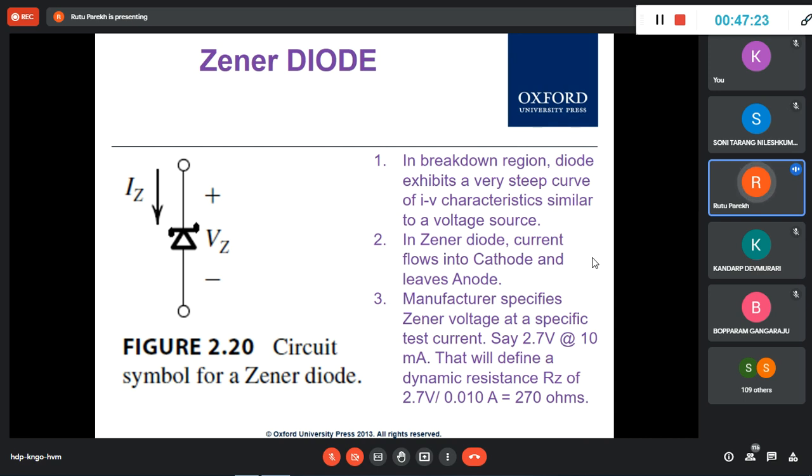Voltage regulation means if you need 3 volt, it will give 3 volt only, even if there is a fluctuation. Your IC needs, let's say, 3 volt. Your phone to charge needs, let's say, 10 volt, for example. Then it will give 10 volt only, even if there is a spike for a microsecond, for a millisecond, let's say, and it goes to 100 volt, let's say.